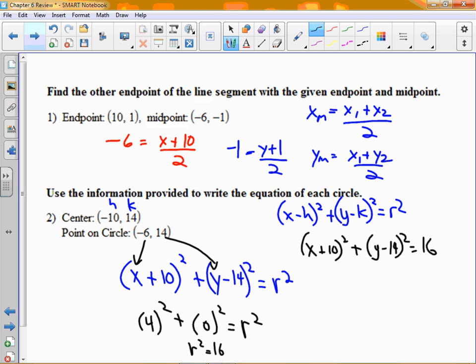Did y'all get an answer up here for the top one? What's the first thing you do here? Number 1. First thing you got to do is multiply both sides by 2. So x plus 10 equals -12. So x equals -22.